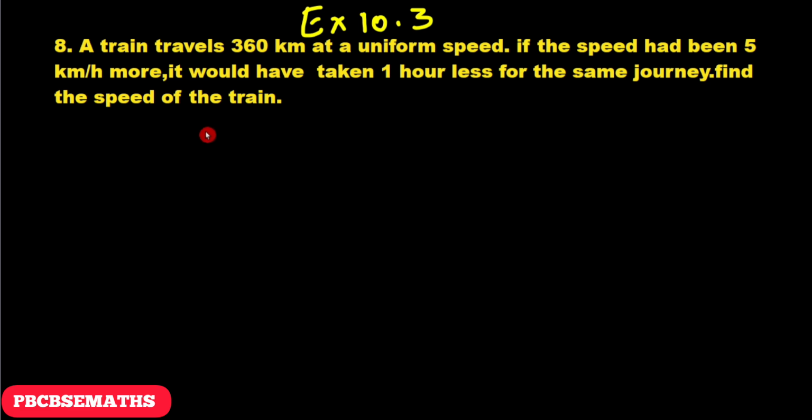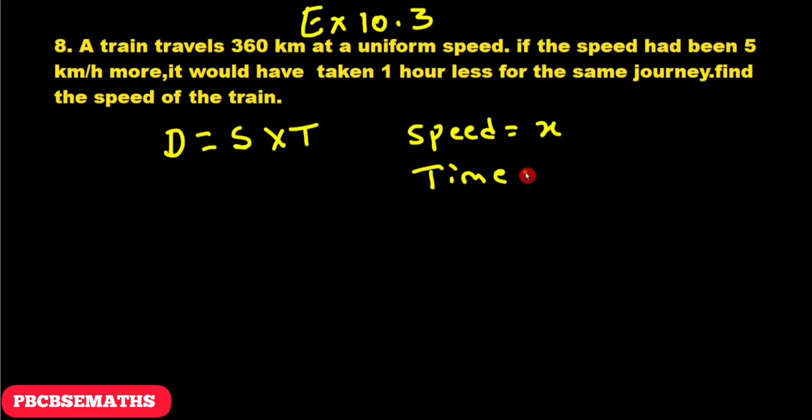So we know there is a formula to find out distance. Distance is always calculated by the formula: distance is equal to speed into time. Let's consider the speed of the train as x kilometer per hour and time as y hours. The distance is given as 360 kilometers.